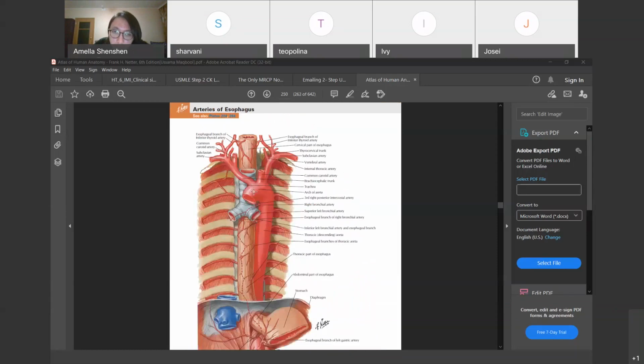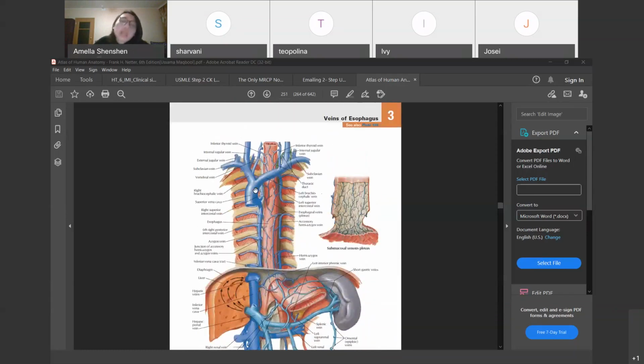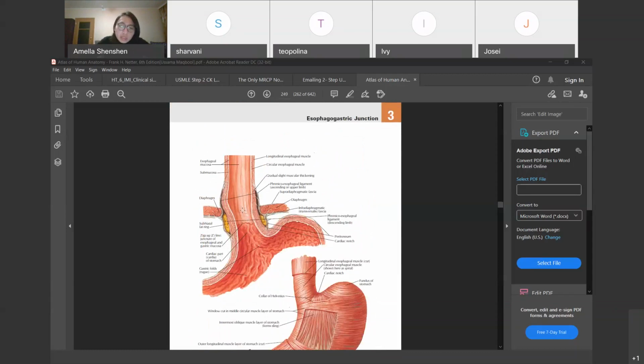Anyway, the next thing that we need to understand are the layers of the esophagus. When we cut the esophagus and see its layers, just like any other part of the GI tract, especially in microscopic view, there are four main layers: your mucosa, your submucosa, your muscular layer, and it ends with your adventitial layer.